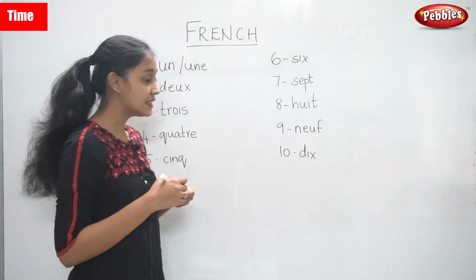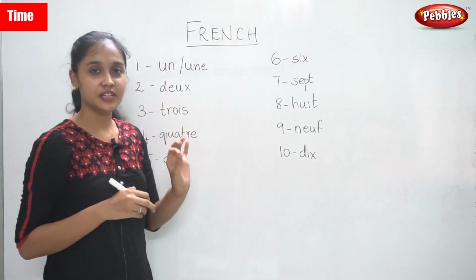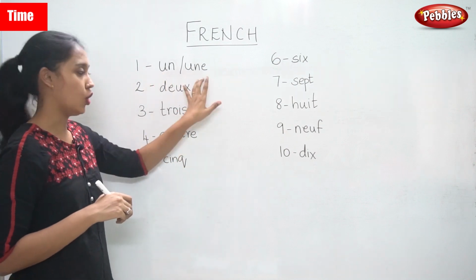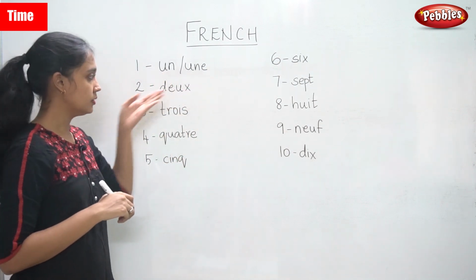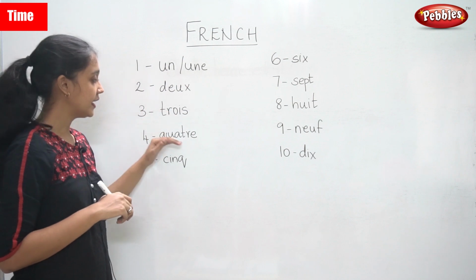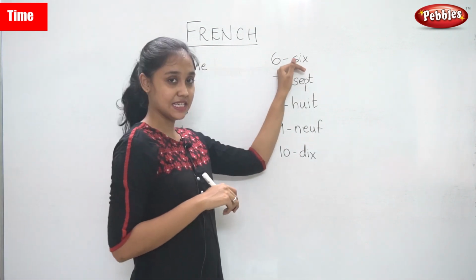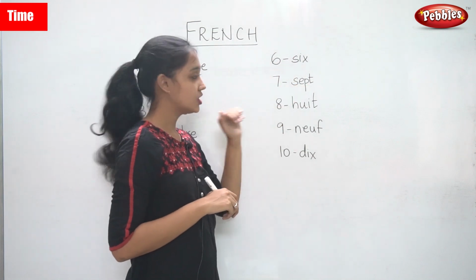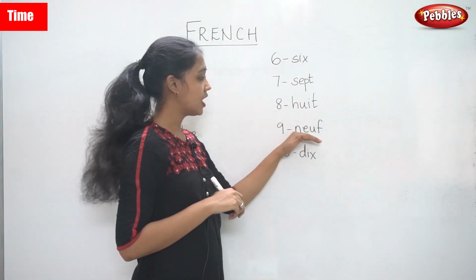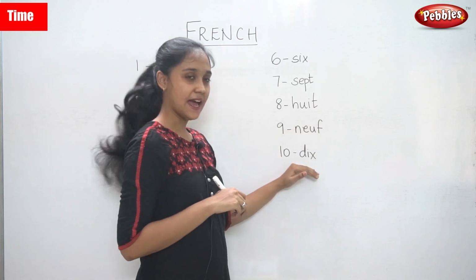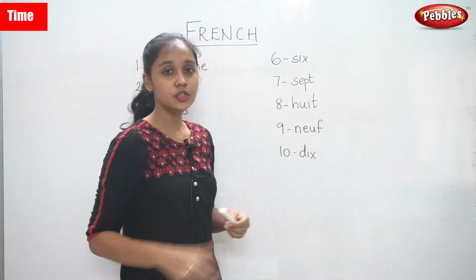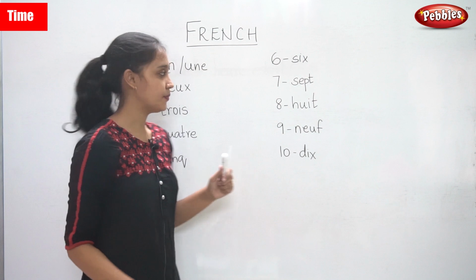We have already learned this. This is just a recap. So un or une, deux, trois, quatre, cinq, six, sept, huit, neuf and dix. So from 1 to 10.